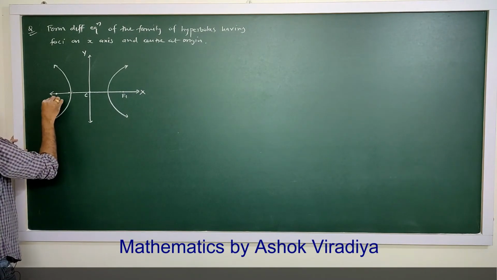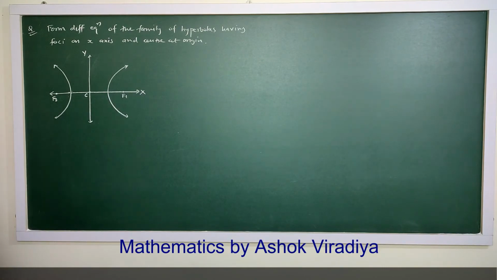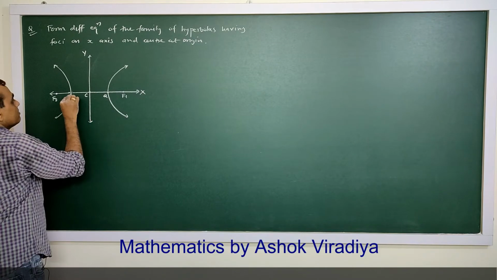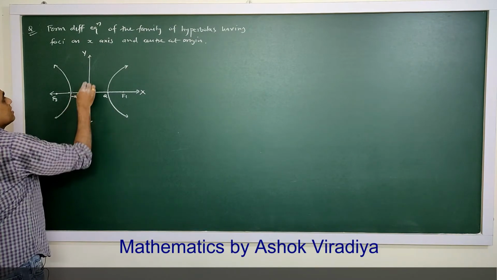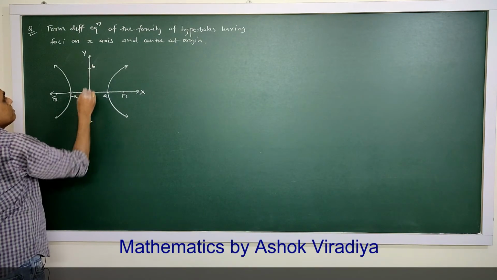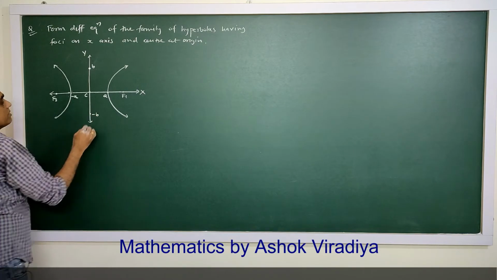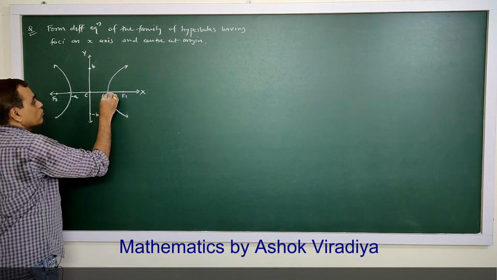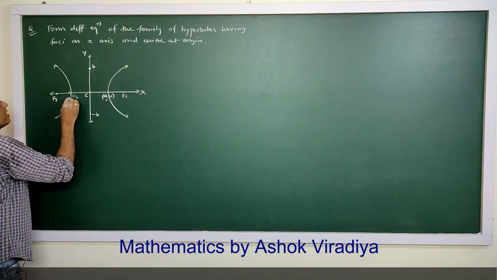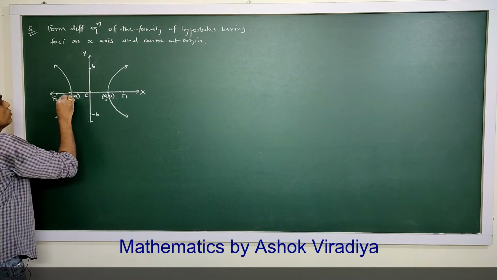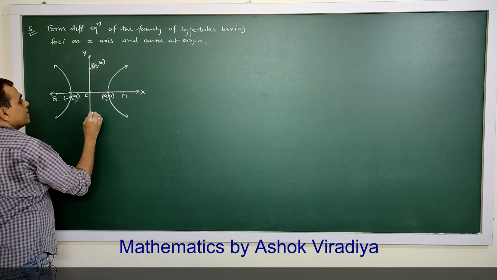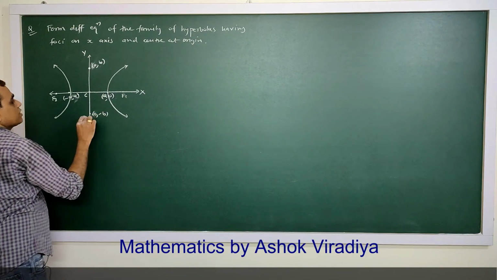This point is F2. Suppose this number is a, this number is minus a. Here somewhere there will be b and minus b. It means the coordinates of this point are (a, 0), the coordinates of this point are (minus a, 0), this is (0, b) and here (0, minus b).